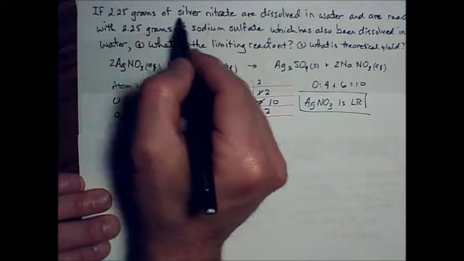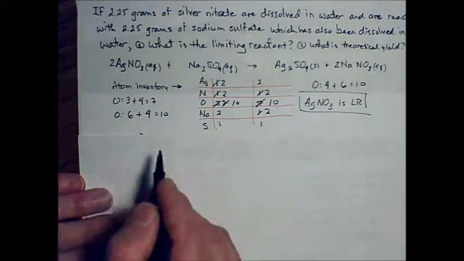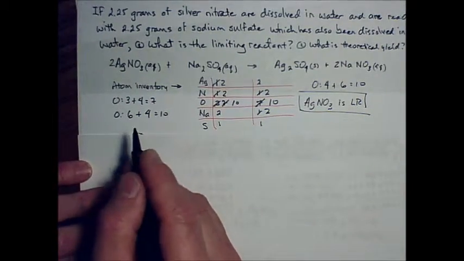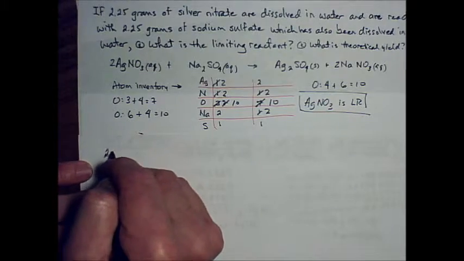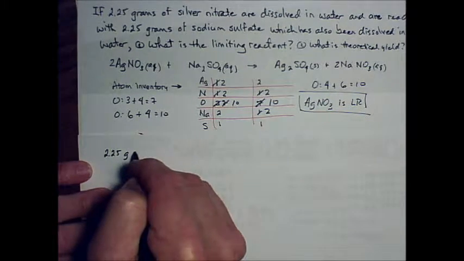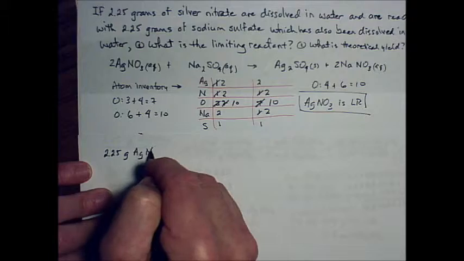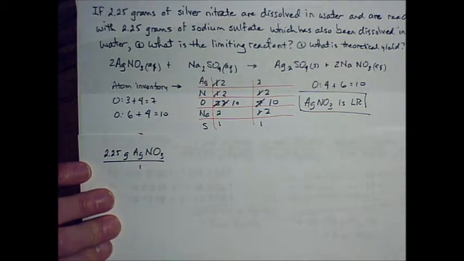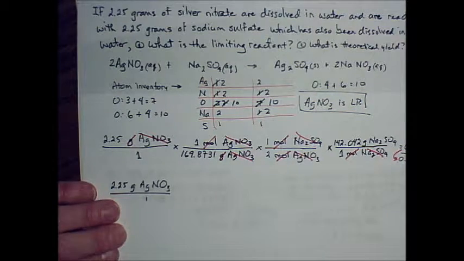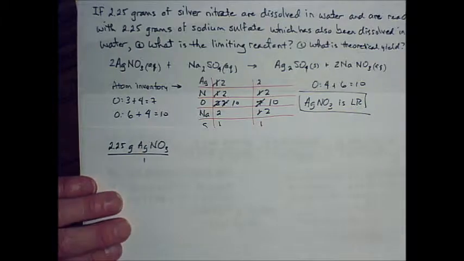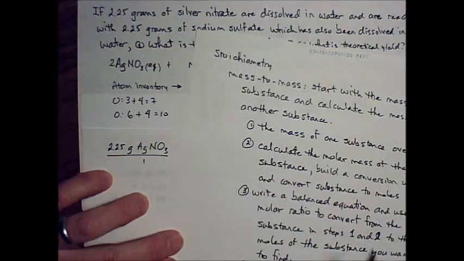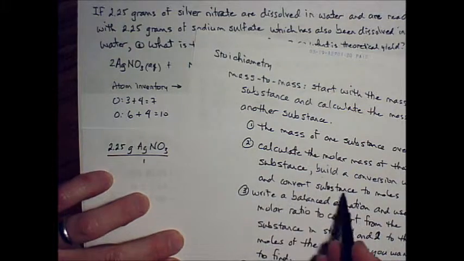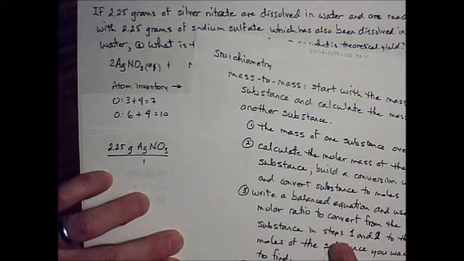So we're going to start with that 2.25 grams of silver nitrate over 1, just like we did in this problem. And then we've got to convert from the mass, using molar mass, to find the moles.